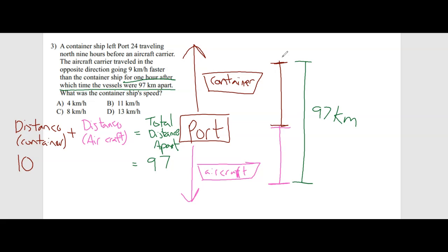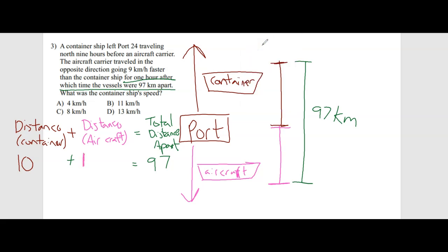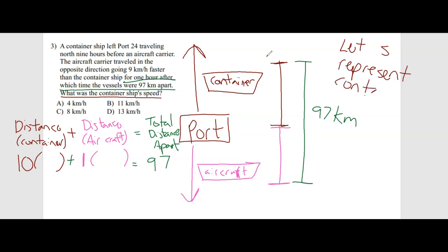Do we know the time that the aircraft carrier travels? Well, we do. That's just 1, because it says 1 hour after the aircraft carrier leaves, the vessels are 97 kilometers apart. So we now need to come up with the speeds of the ships. We need to have the speeds so we can have a variable and then solve our equation. Well, we're trying to figure out the container ship speed, so why don't we let that be our variable? And let's just use S for speed. So let S represent container ship's speed.